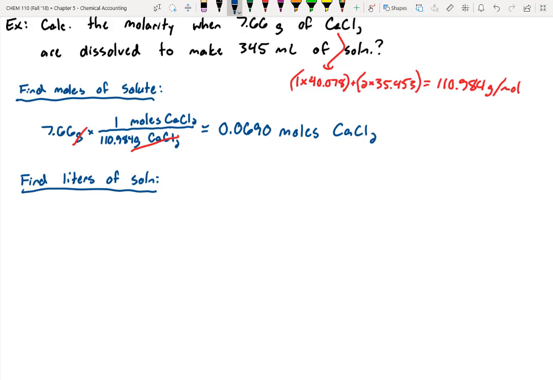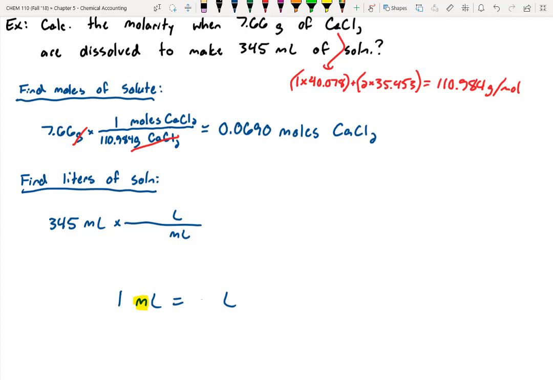So we know we've got 345 milliliters, and we need to cancel out milliliters and get to liters, and if you remember, 1 milliliter is equal to how many liters? What does the milli unit stand for? Oh, close, 10 to the negative 3, right?